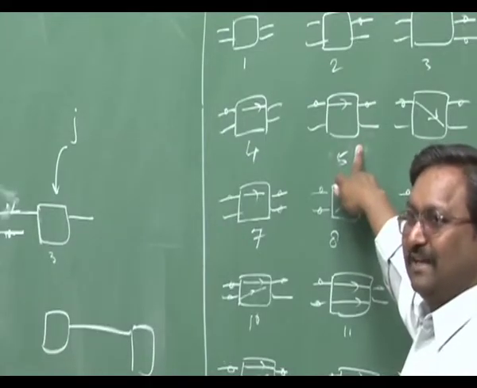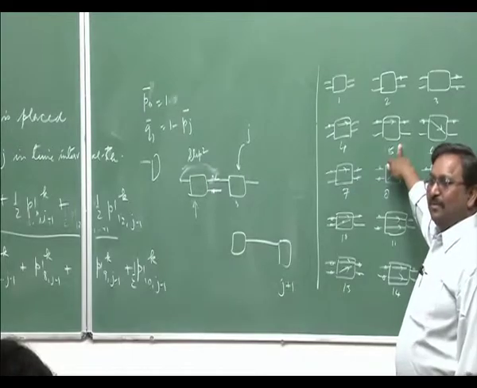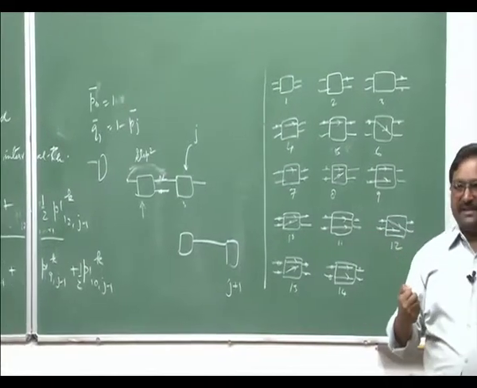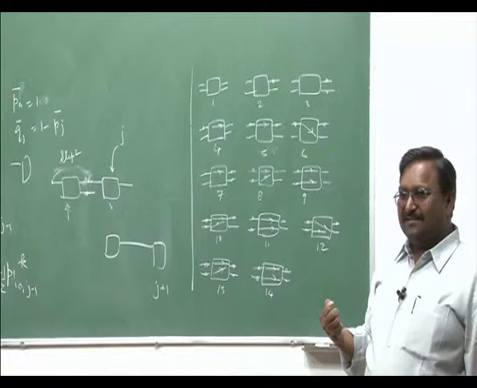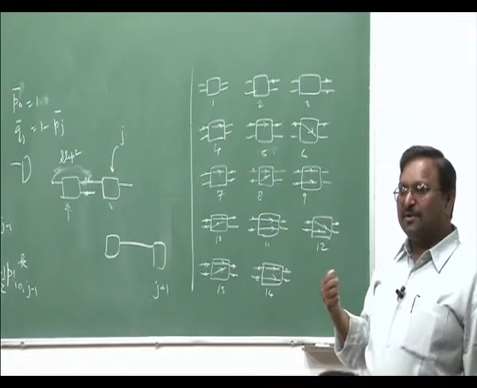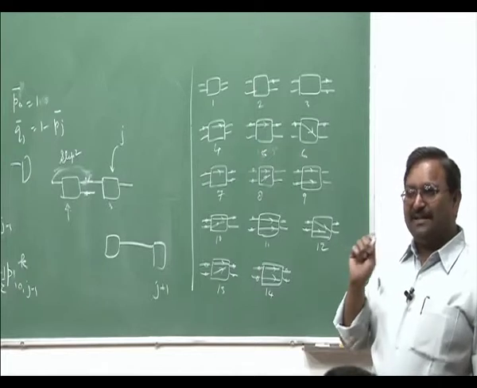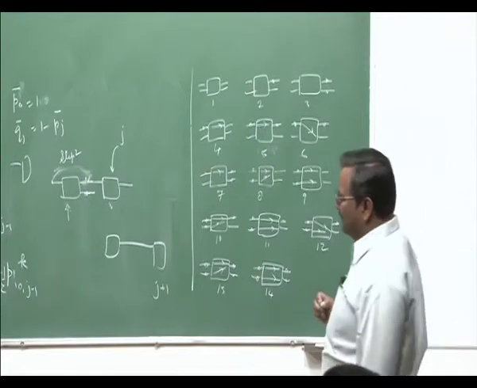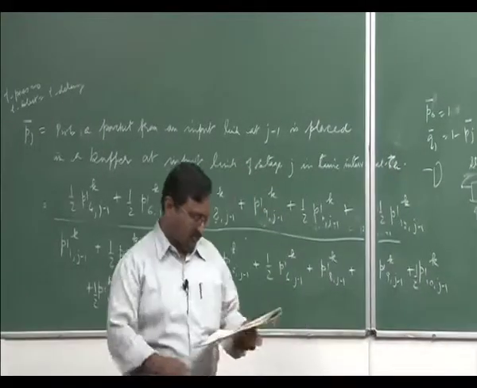This is not there in numerator, this is only in denominator. So I am looking at what will be the probability that a packet will be arriving if my input is free. I am estimating that. So this contributes in the denominator only 50%, when that input link will be free. It is not there in numerator.